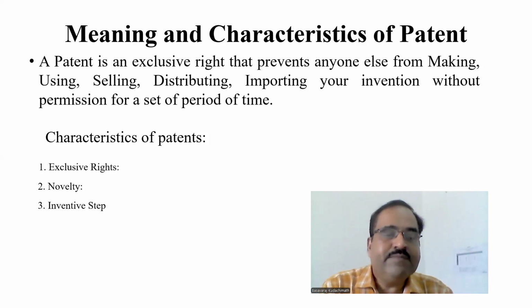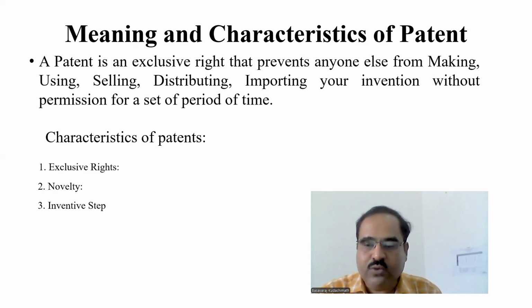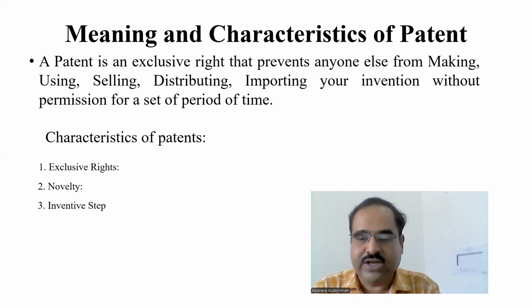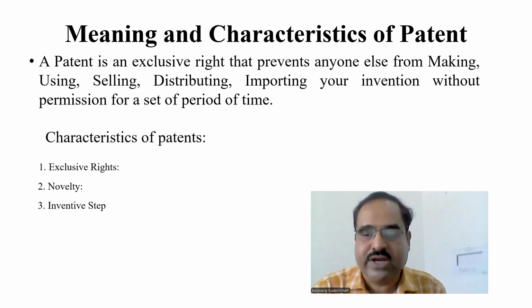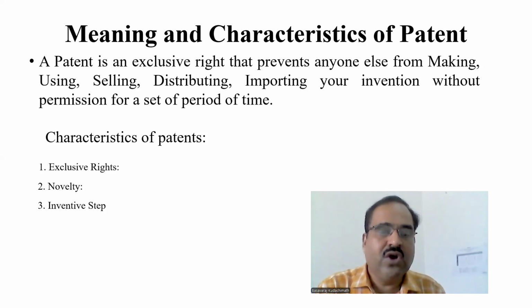Next one is inventive step. While you are patenting, you have to describe the inventive steps involved, how the invention evolved, what sources of information you collected for innovating, whether those sources are authentic, and whether the product you have made is a duplicate of something else. All these things are involved while patenting.